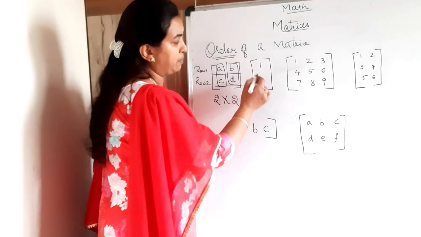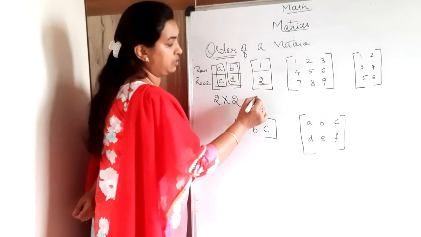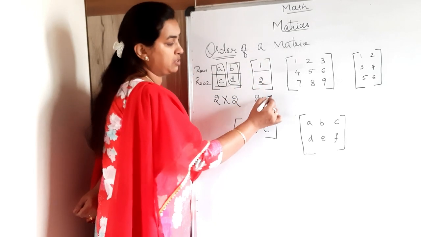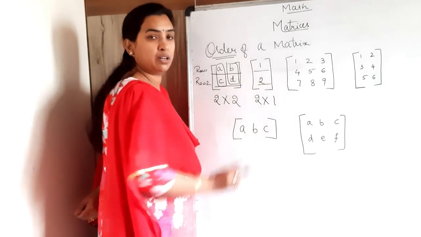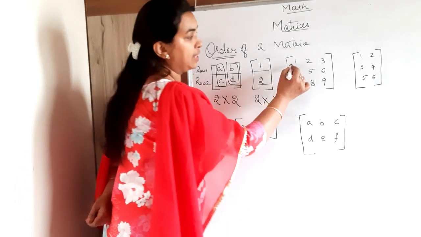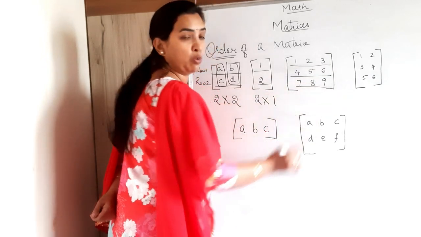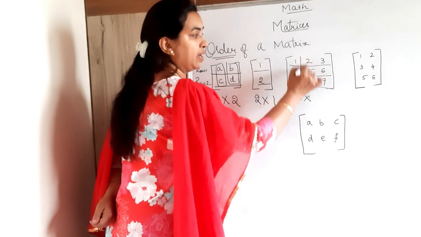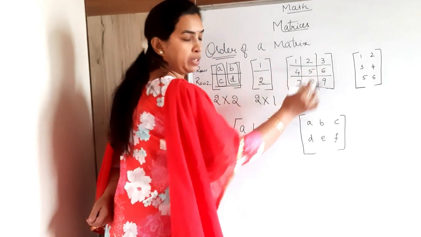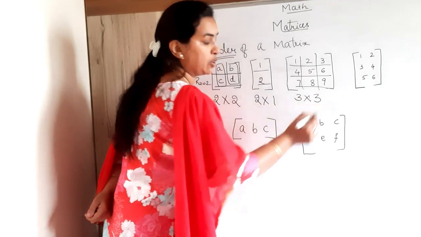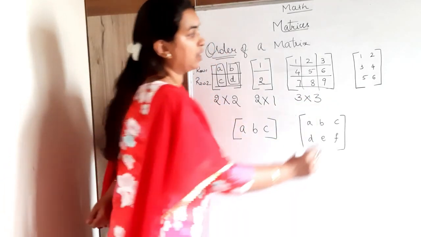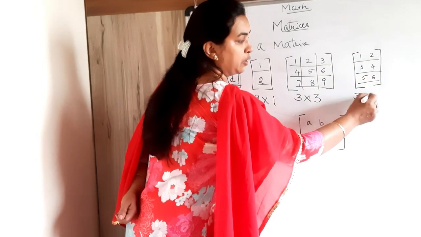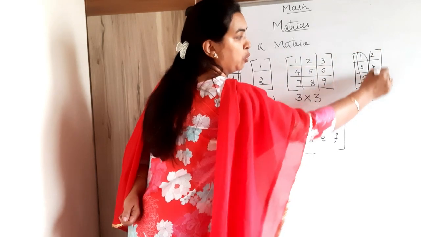See, in the second example, we have two rows. So 2 into, there is only one column, so 1. So this is a 2 cross 1 matrix. In the third example, you have 3 rows. So 3 into, and there are 3 columns, 1, 2, 3. So it is a 3 cross 3 matrix. Here there are 3 rows. So 3 into, and there are only 2 columns.